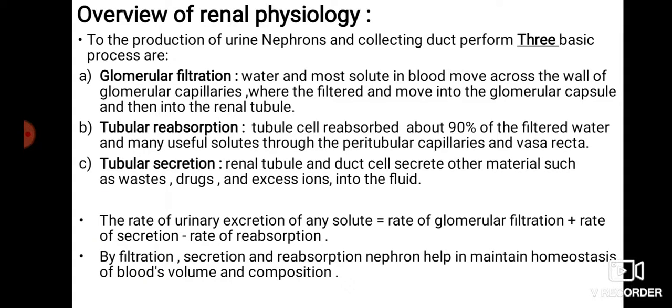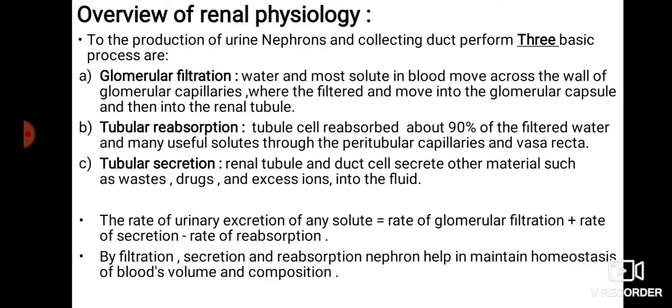So fluid comes across the wall of the glomerulus capillary, where it is filtered and moves into the glomerulus capsule, and then is transferred into the renal tubule. The next part of urine production is tubular reabsorption.